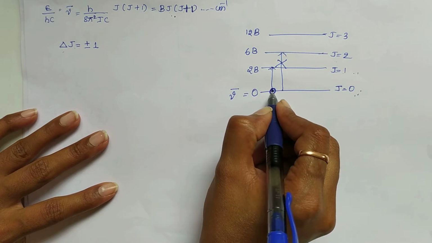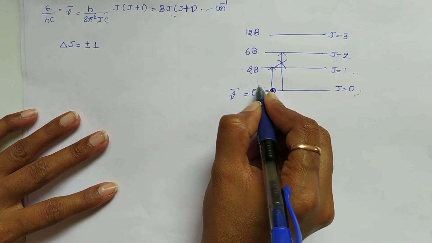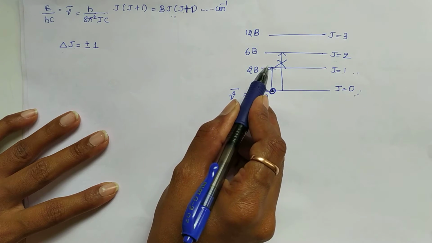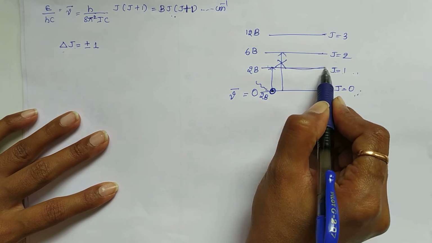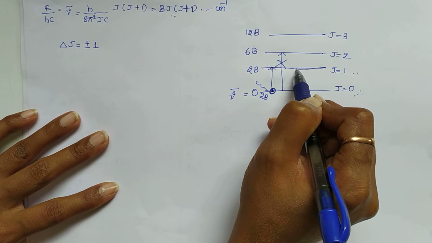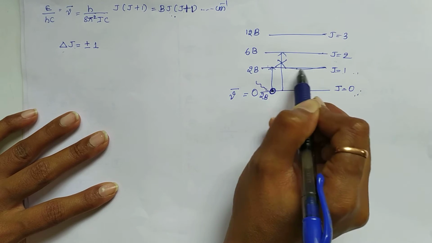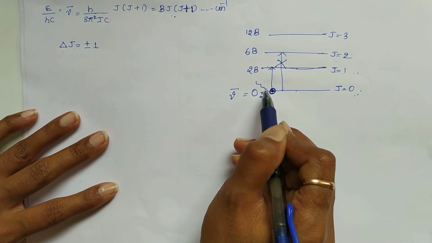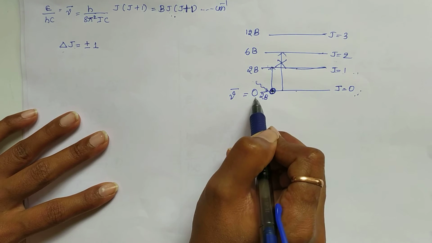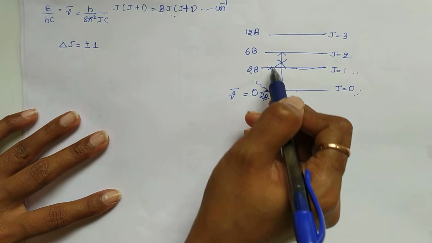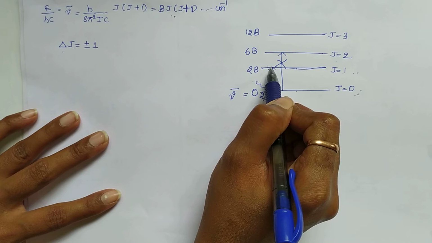It has to absorb the radiation. How much energy does it need? 2B is needed in order to go to the next energy level. This is the ground state and this is the first state. The energy of the first state is 2B. The molecule in the ground state has to absorb radiation having energy equal to 2B, and it will go to the next energy level.